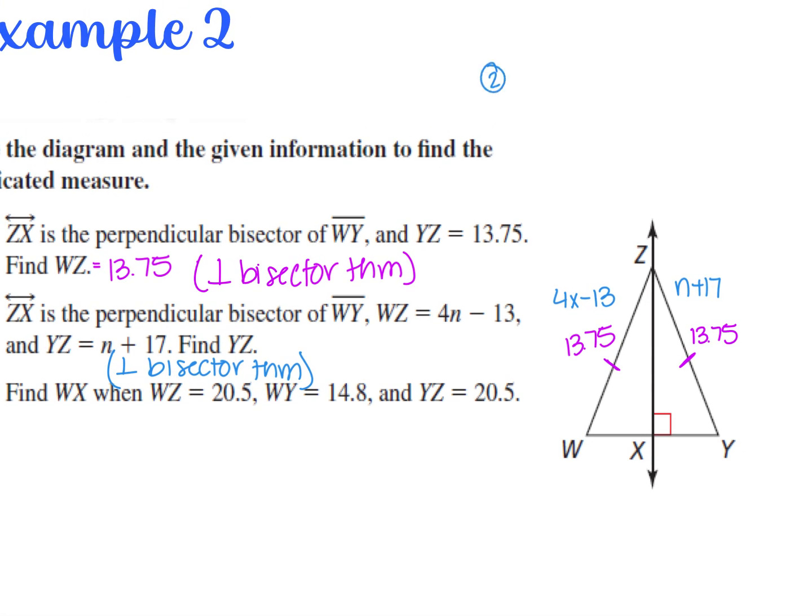I'm going to do it up here. I have 4x minus 13 equals n plus 17. So going ahead and solving for n. Oops, I put x. It should be n, not x.